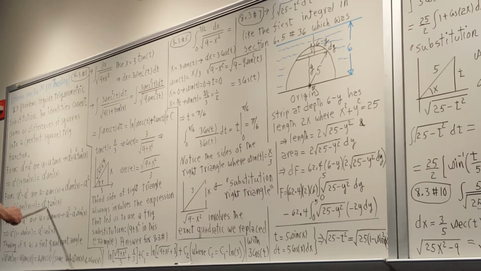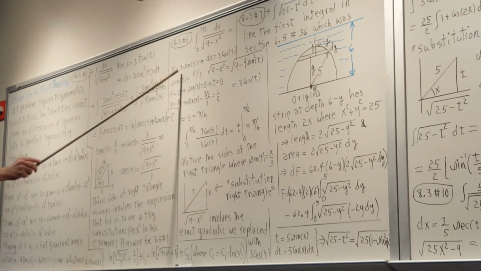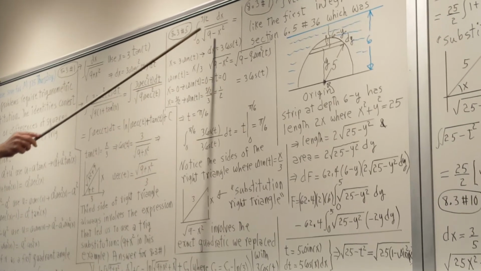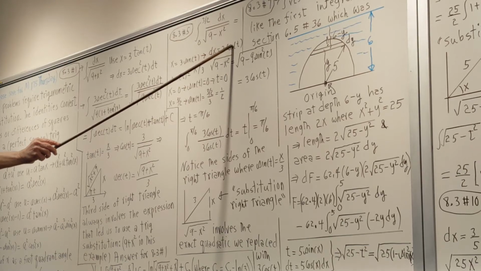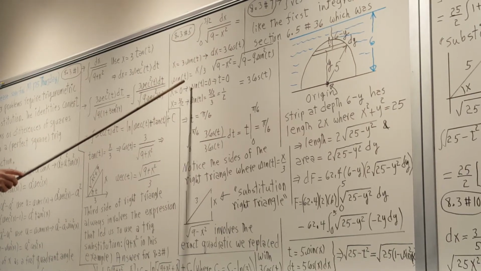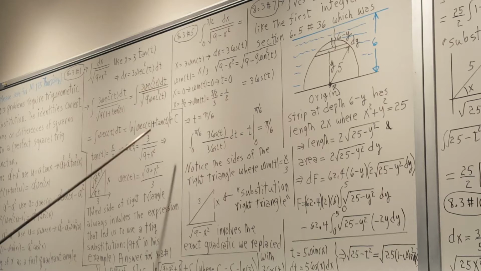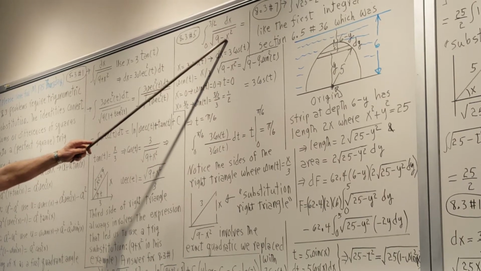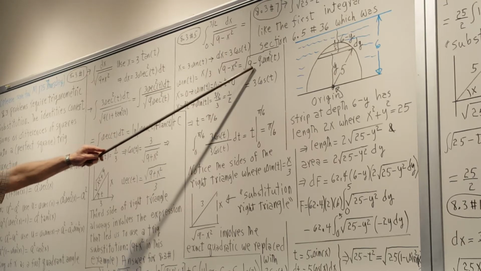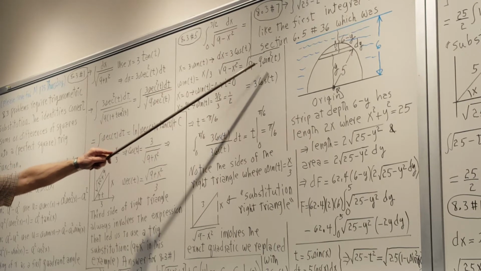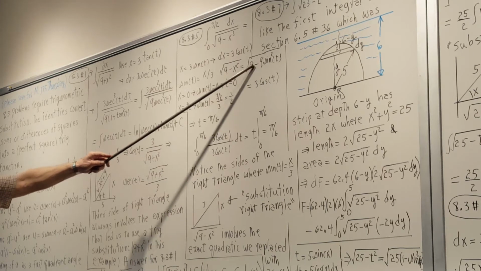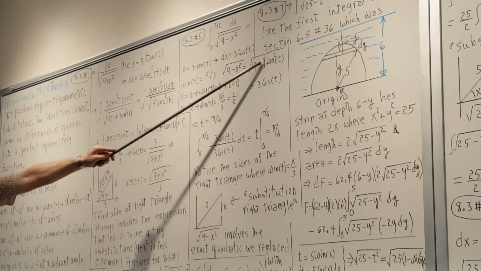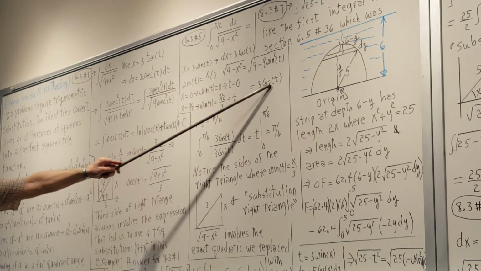So based on what I said back, I would take x as 3 sine, then your dx is going to be 3 cosine, and then your 9 minus 9 sine squared is going to be in here as a 9 cosine squared, and then when you take the square root of 9 cosine squared, you're going to get 3 cosine.